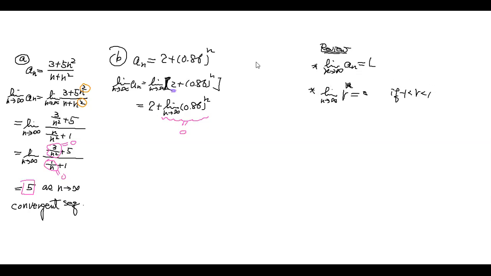This is what we learned when we talked about geometric sequences. So this (0.6)^n approaches 0, and therefore the whole expression approaches 2 as n approaches infinity. So this is also a convergent sequence.